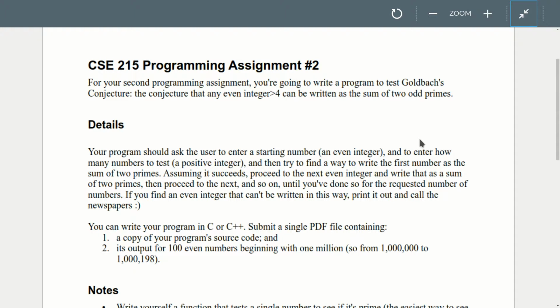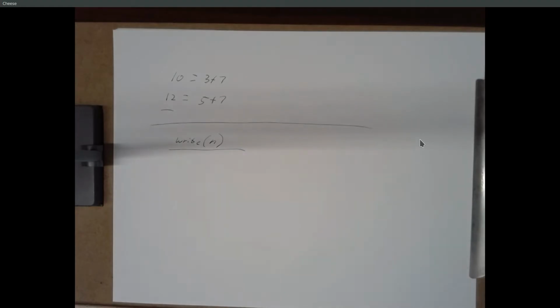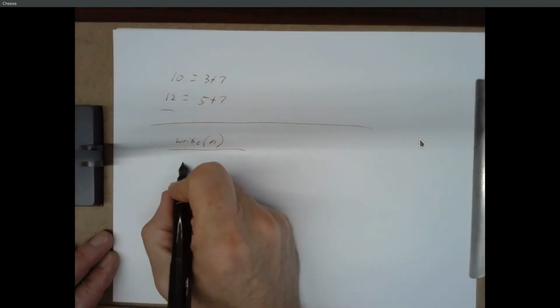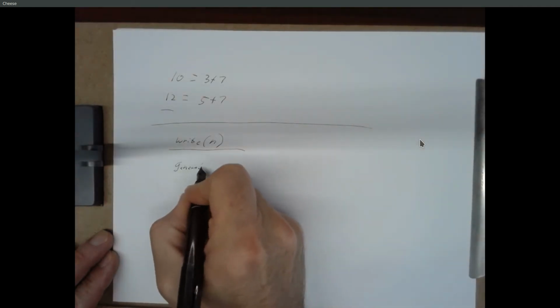So here's a pretty good way to do this. So write some number n. Let's just write n as a sum of two primes. Here's an algorithm you can use. Generate primes.